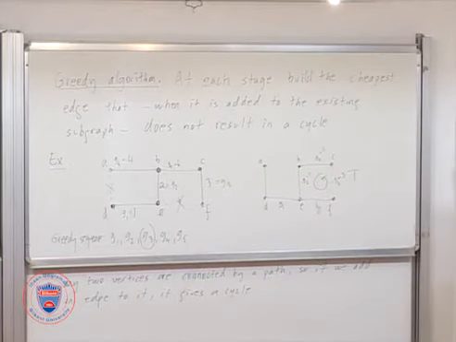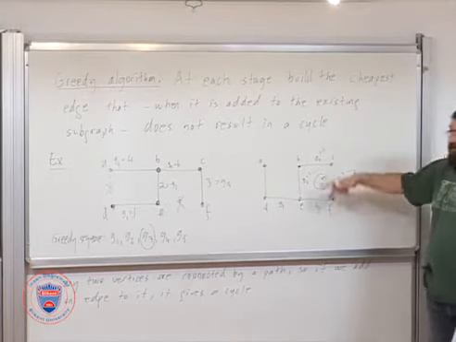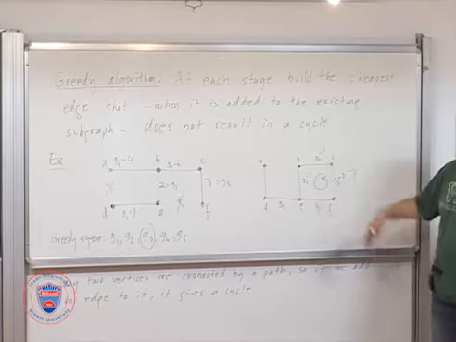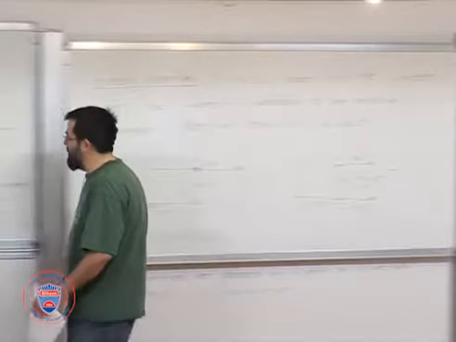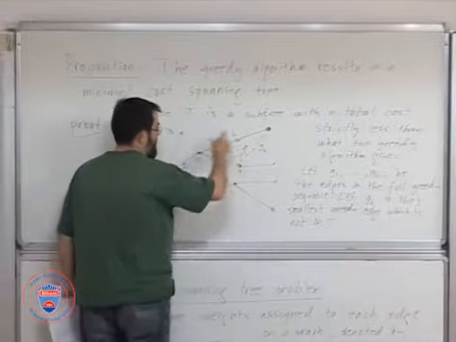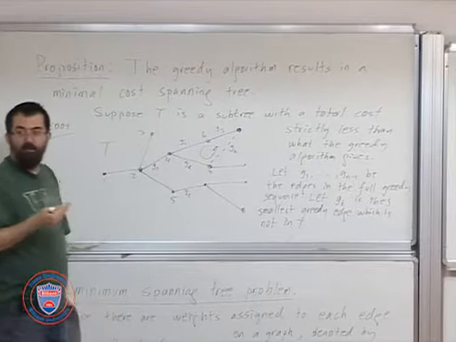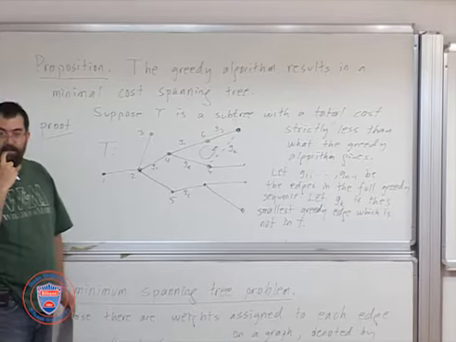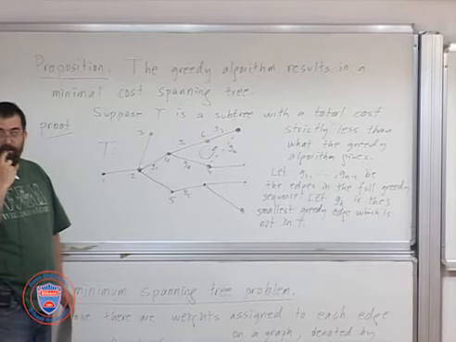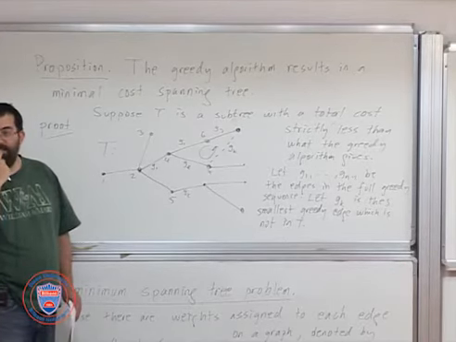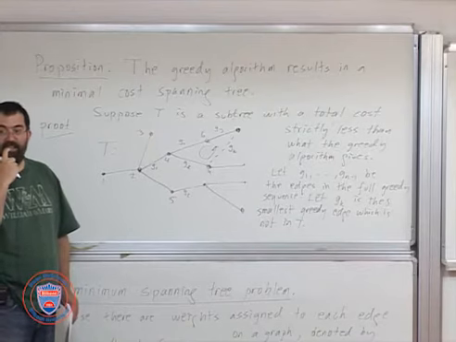A non-greedy edge, which has no. First of all, can all the edges be greedy on this cycle? Can I say that all the edges here are greedy? Can all of them be greedy? Why not?